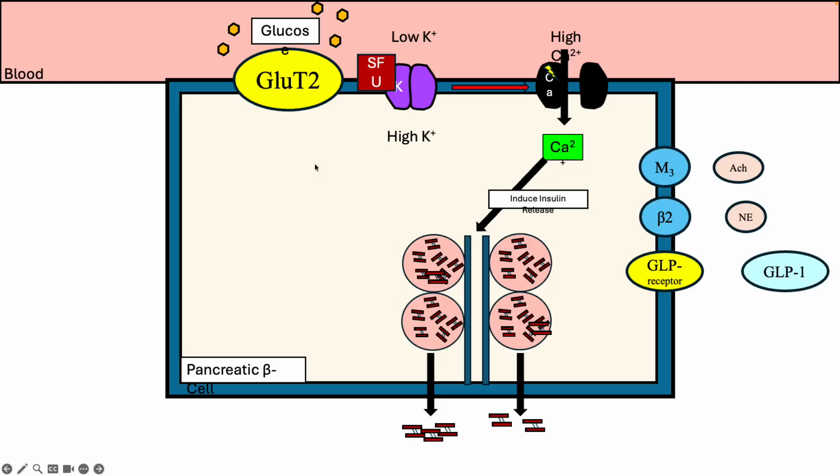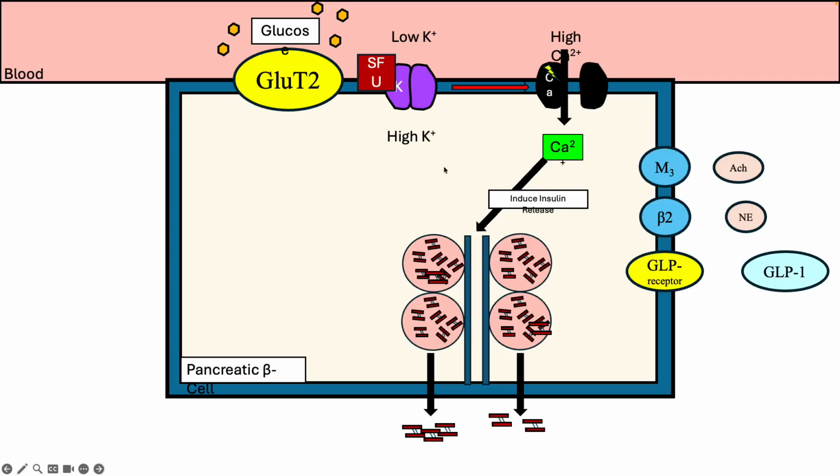But when bound, sulfonylureas actually block and close the potassium channel without ATP. It does it on its own. So you don't need ATP there. That's going to do what? It's going to decrease the membrane potential, cause depolarization, open those voltage-gated calcium channels, and force the release of insulin.